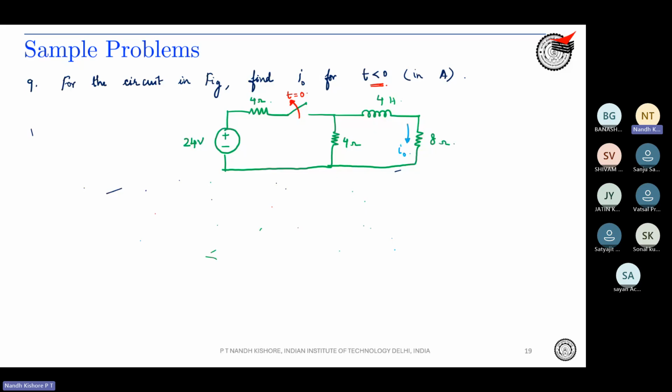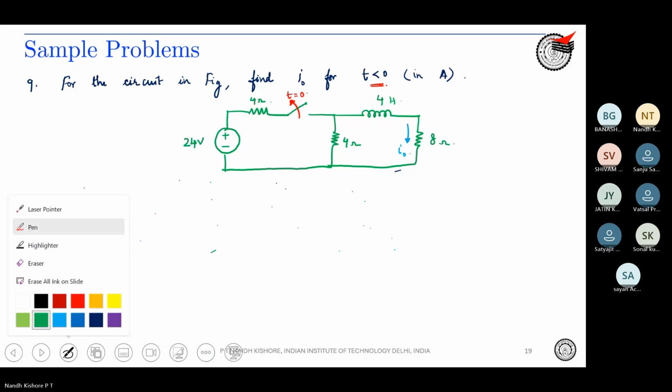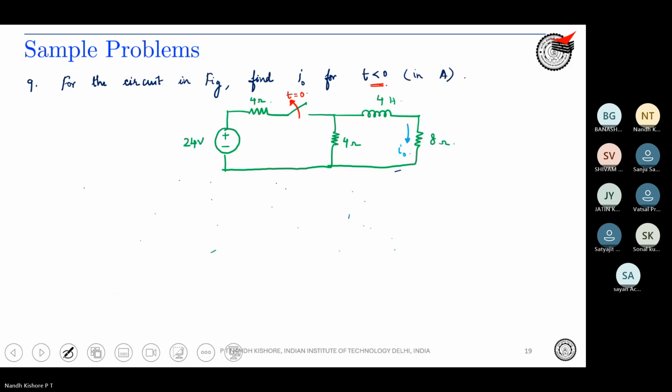So under steady state, how can we draw the inductor? Inductor is what under steady state? Is it open circuit or short circuit? Short circuit. Correct. So t less than 0, which means the switch is still closed.